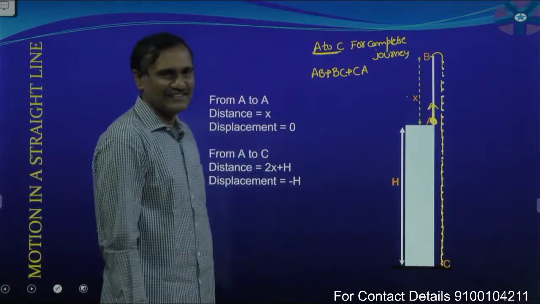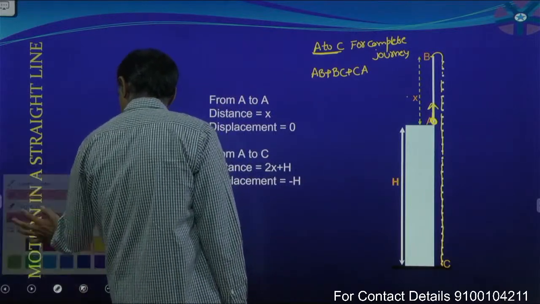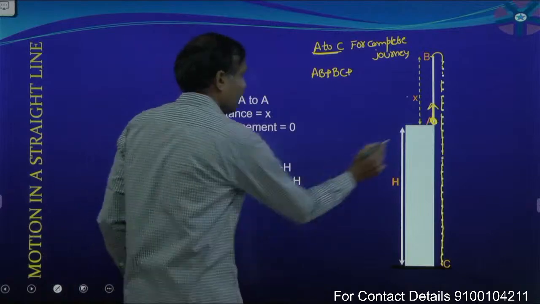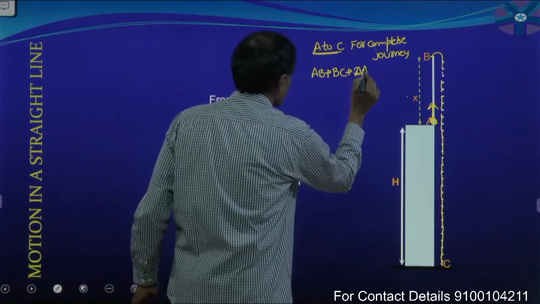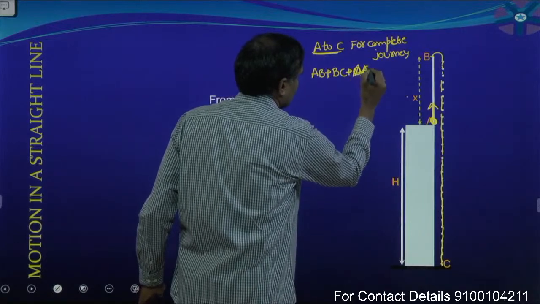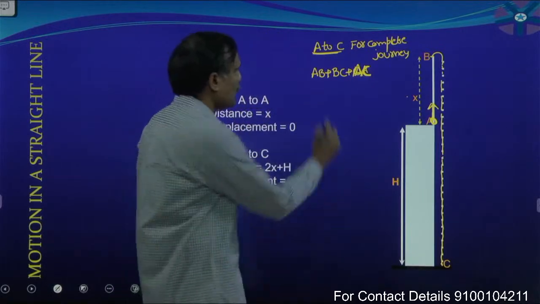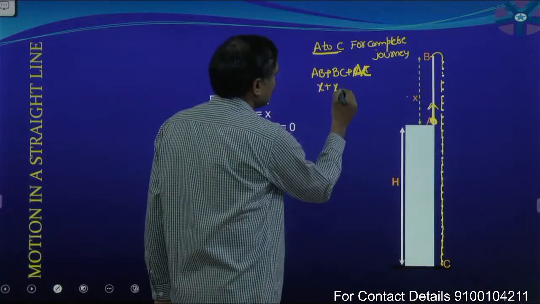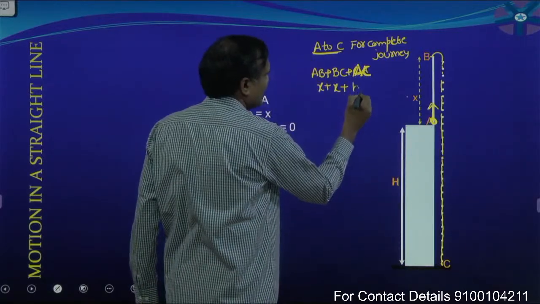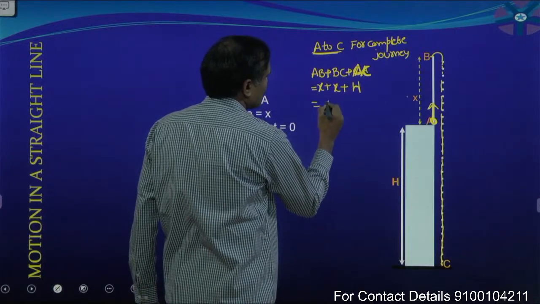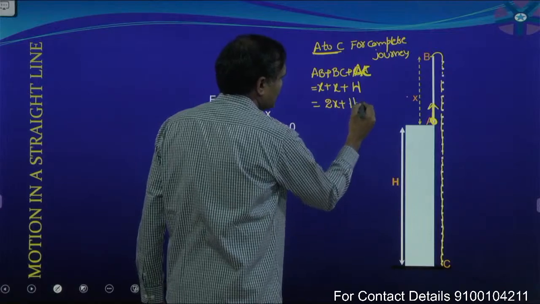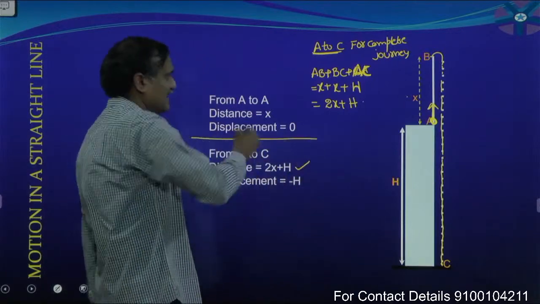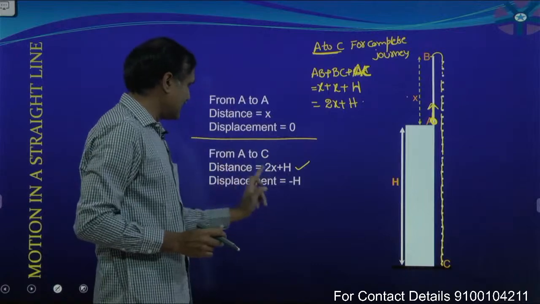Now, tell me, what about AB? It is x, plus BC also x, plus AC, nothing but H, capital H. Therefore, it is equal to 2x plus capital H. That is for the complete journey, from A to C. What is distance? 2x plus H.